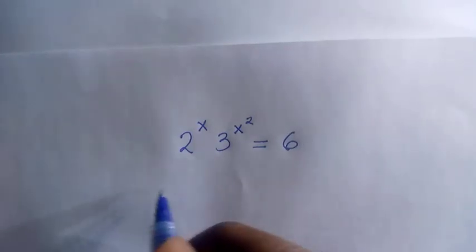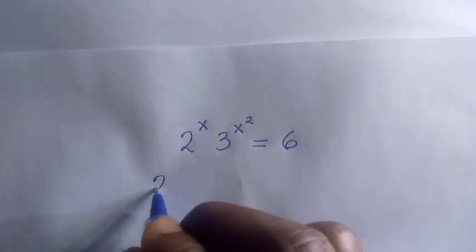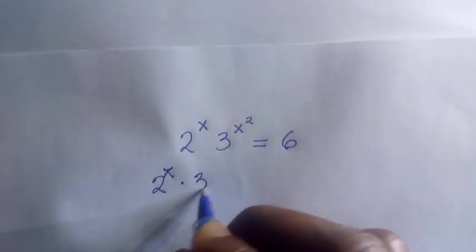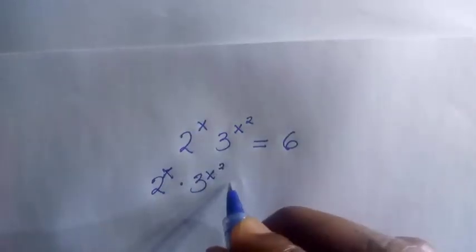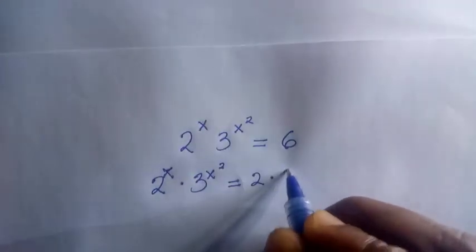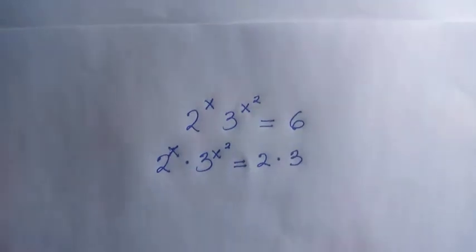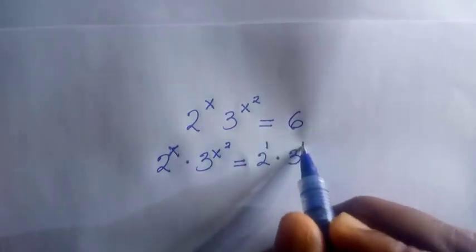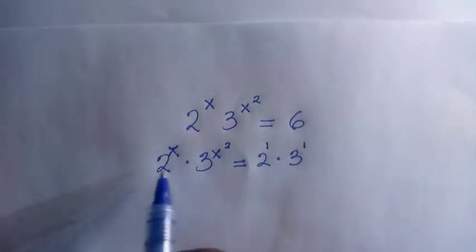Let's consider the first solution I stated. Let's write this as 2 to the power of x multiplied by 3 to the power of x squared, and we can write the right side as 2 multiplied by 3. When we compare, this is 2 to the power 1 and 3 to the power 1.